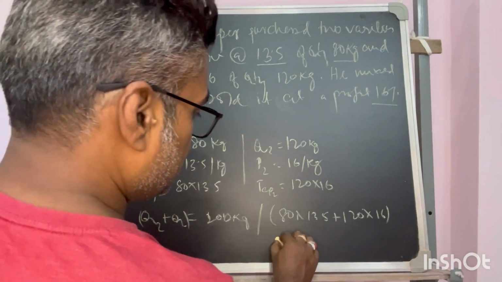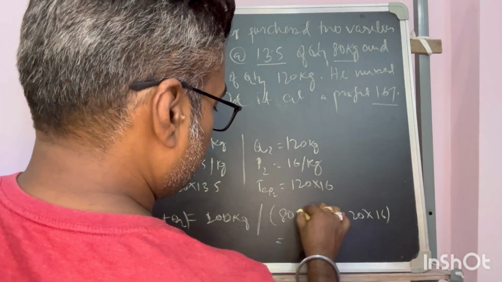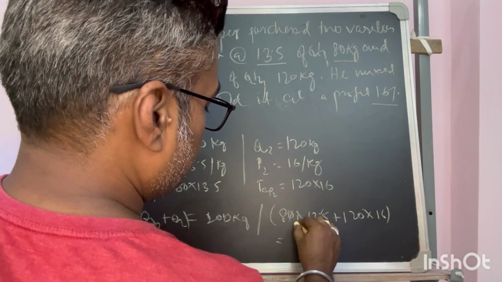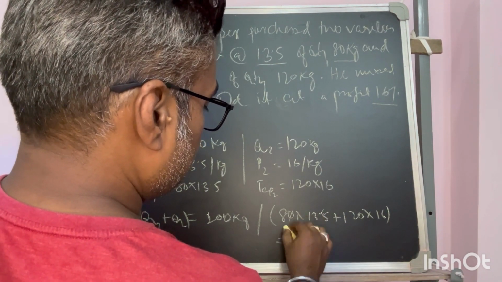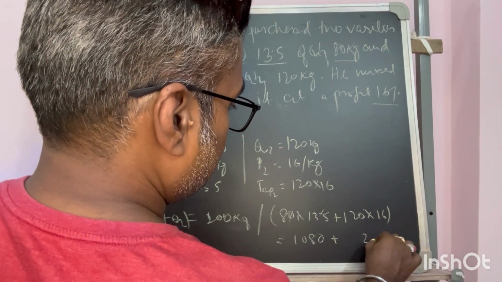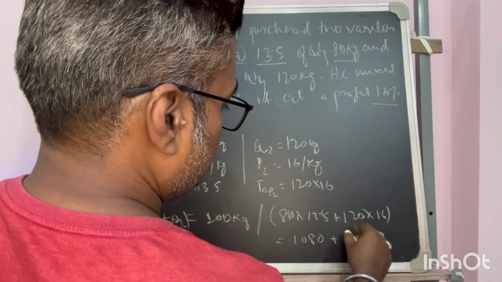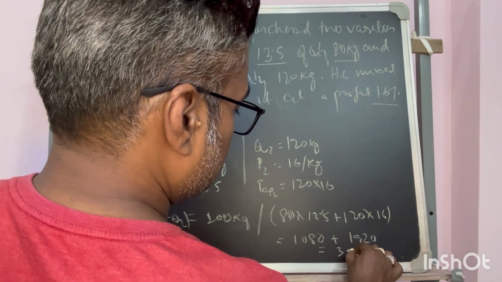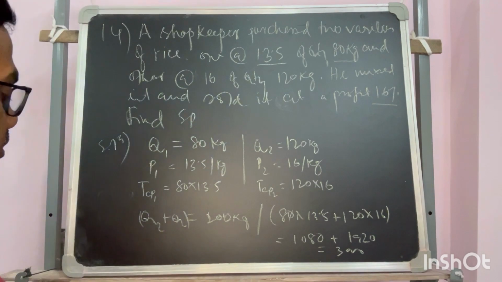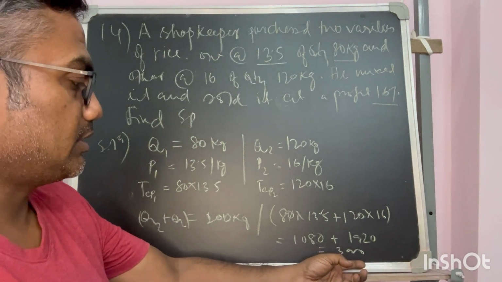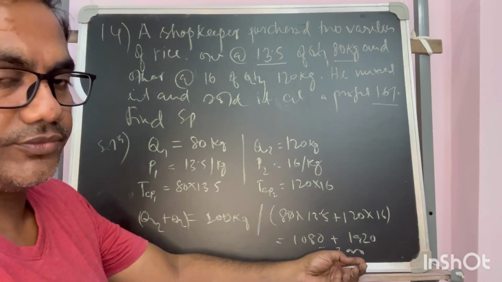So this will become how much? 13.5 into 80 is 1080, plus 1920, that means 3000. So for 200 kg of complete rice he has paid 3000 rupees.